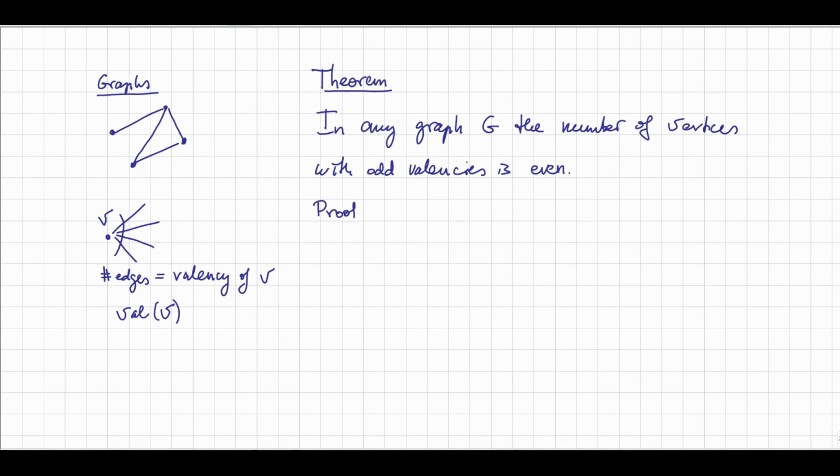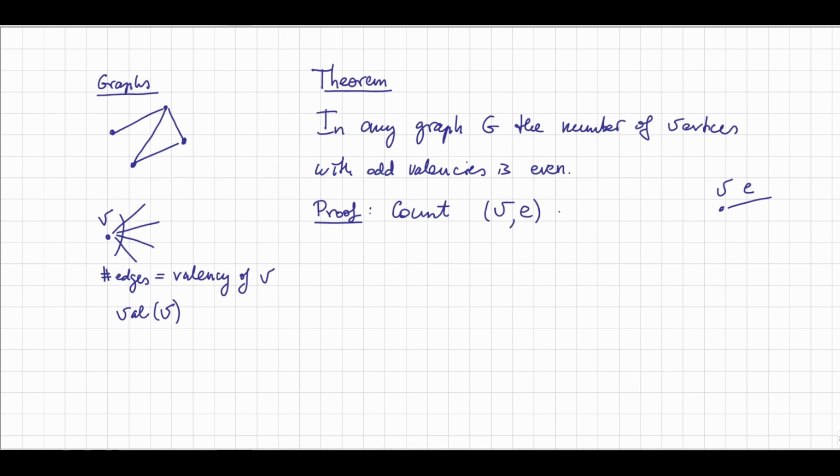Let us prove this. Our proof will be by the combinatorial technique of double counting. Let us count the following pairs. Each pair will be a vertex and an edge, so that this edge contains the vertex.